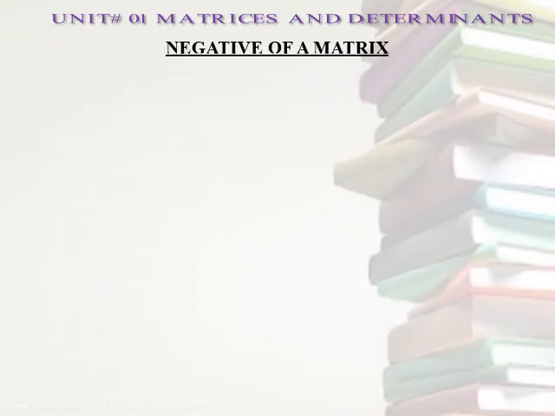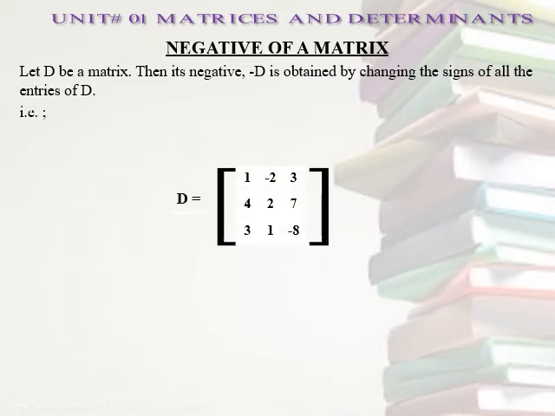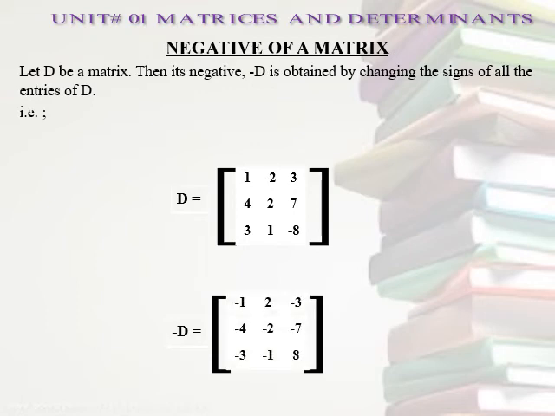Here is the negative of a matrix. Let D be a matrix, then its negative, minus D, is obtained by changing the signs of all the entries of D. Let's see how. See, this is matrix D, and I will show the negative of matrix D by minus D. That means I have to change the sign of all the entries of matrix D. Here is the negative of matrix D, as I have changed the sign of all its entries.